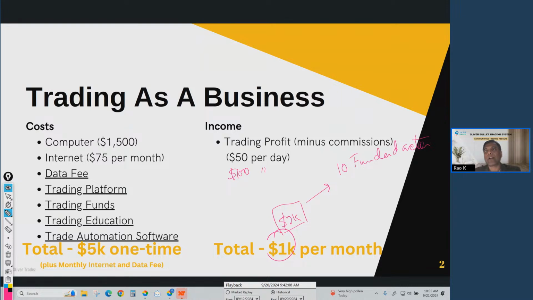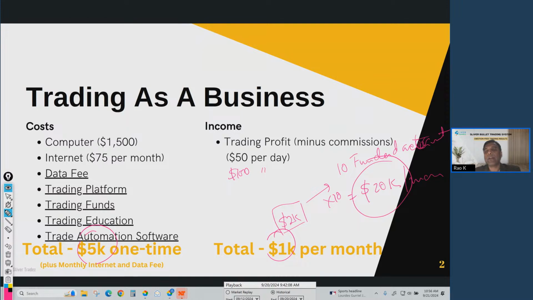A good trader will get funded one account at least per month, and slowly you can increase the speed by trading parallelly across multiple evaluation accounts. So 10 funded accounts means times 10, this is 20K per month. So a one-time investment of $5,000, 20K per month for the rest of your life.